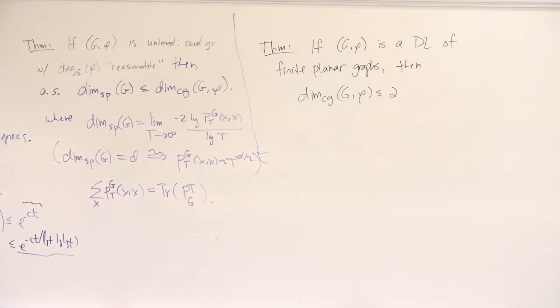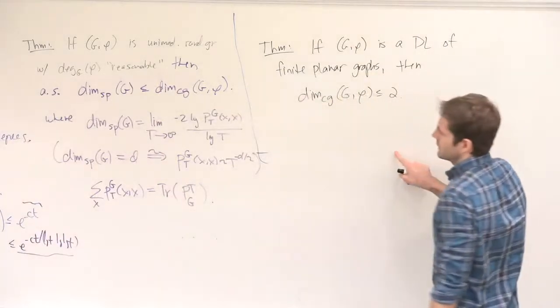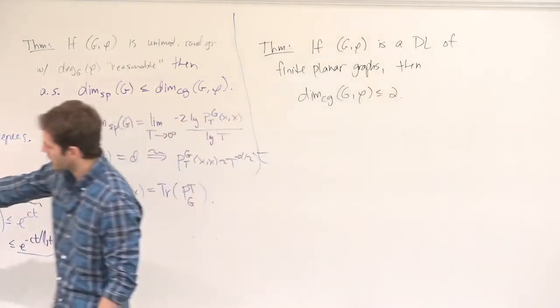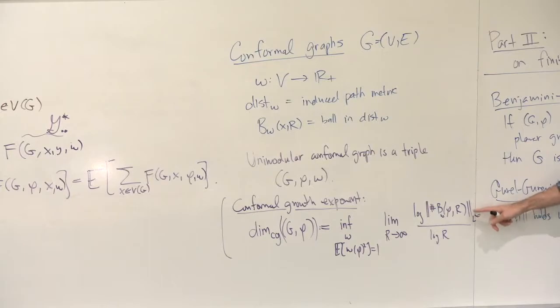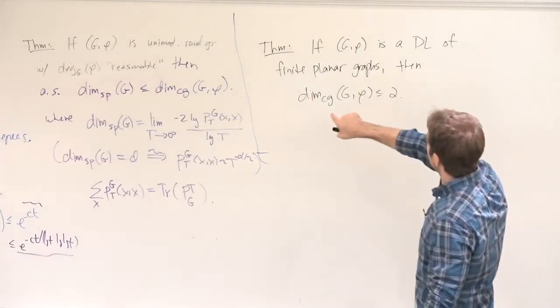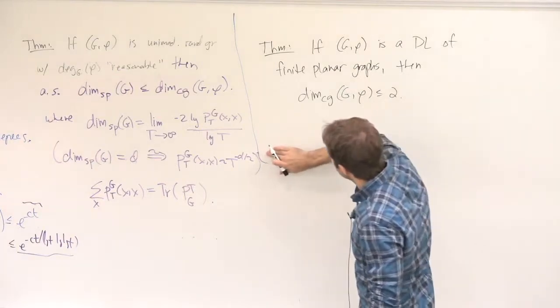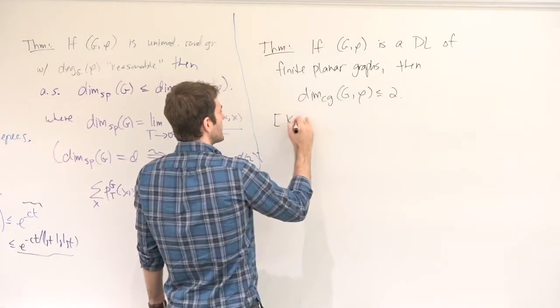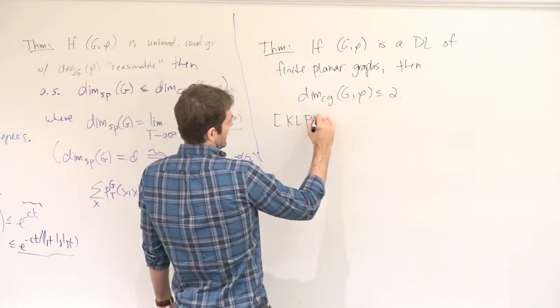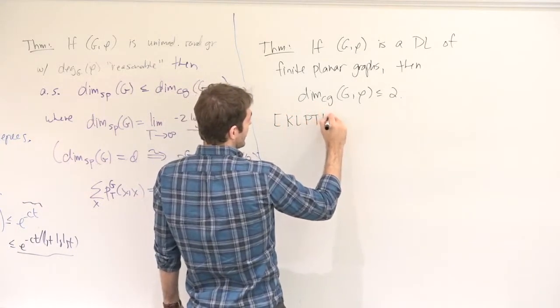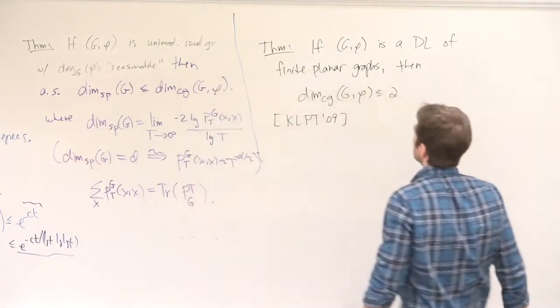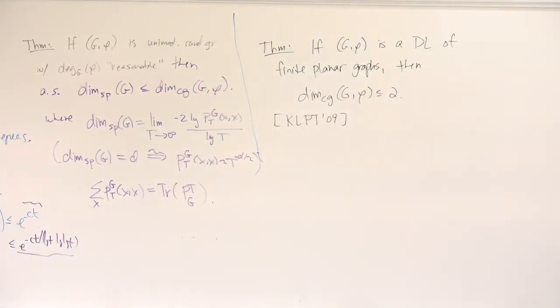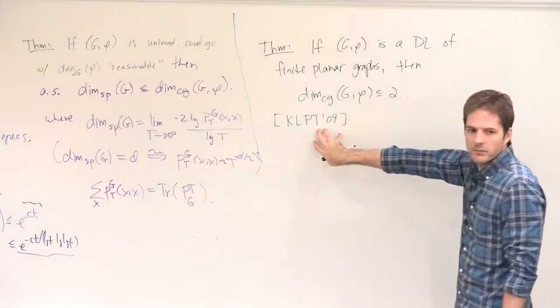So there are examples where you need it, since this limit, of course, allows for corrections that are r to the little o of 1 in your growth rate. So I proved this theorem, but it essentially follows from work I did with John Kelner, Greg Price, and Shanghua Teng in 2009, looking at the spectrum of the Laplacian of planar graphs.